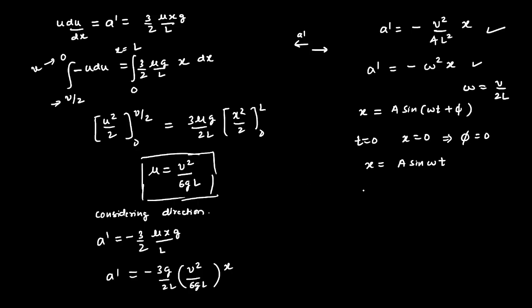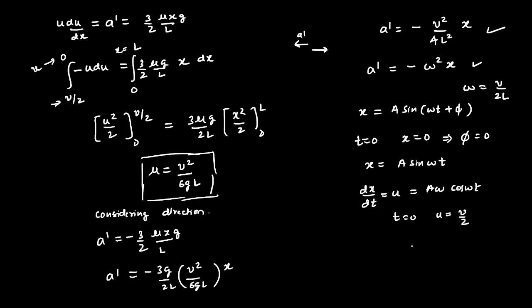Now let's differentiate this. So dx by dt, which we were calling u, is equal to a omega cos of omega t. We also have the information that at t equals 0, u is equal to v by 2.